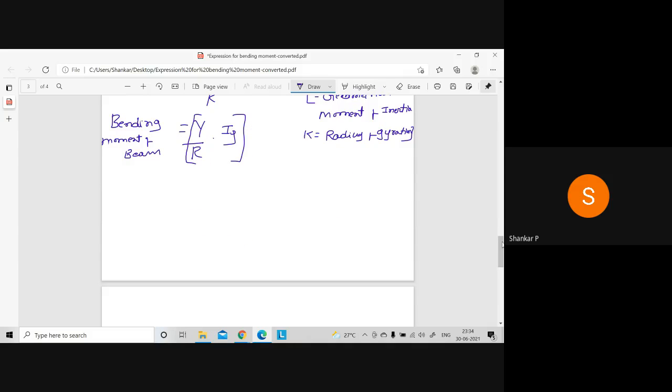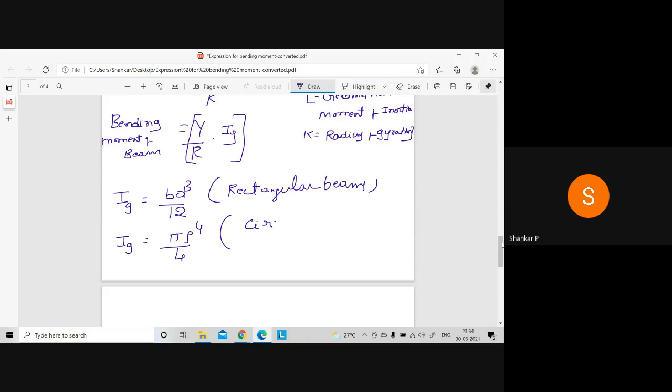The value of Ig changes with the dimension of the beam. The Ig will be equal to b d cube by 12 for rectangular beams, and the Ig value will be pi rho to the power of 4 by 4 for circular shaped beams, where rho is the radius of the beam.